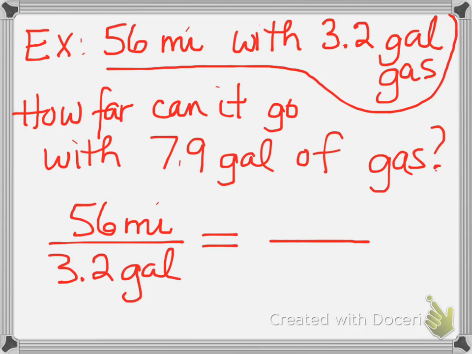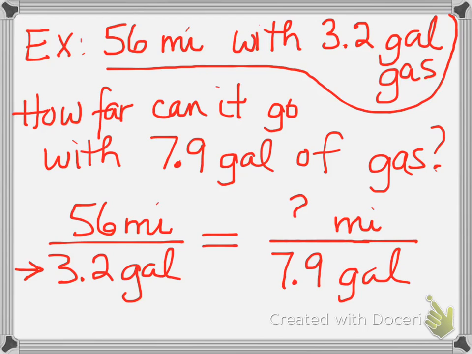We know we have 7.9 gallons of gas, so we have to put that at the bottom because over here the gallons are at the bottom, so we need that to match. And then our miles will be at the top, and that's what we're trying to find. How many miles can we go on 7.9 gallons of gas?